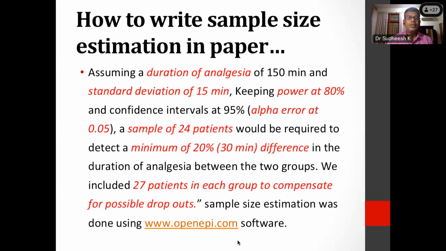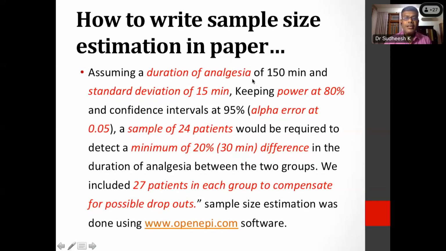So if it is written like this, see, assuming a duration of analgesia of 150 minutes and standard deviation of 15 minutes, keeping a power at 80% and confidence interval at 95%, that is alpha error at 0.05, a minimum of 20 patients would be required to detect a minimum of 20% or 30% difference between the two groups.